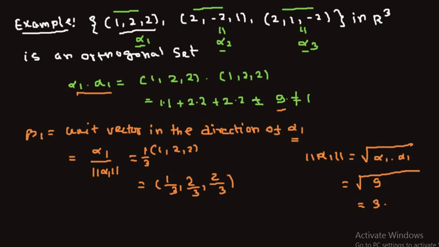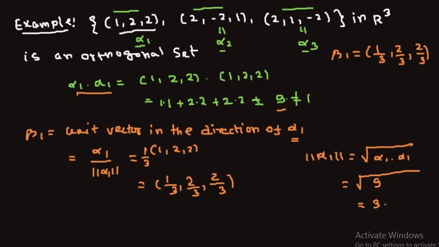So let's choose beta 1 in the direction of alpha 1. Here the unit vector is (1/3, 2/3, 2/3). This is the unit vector in the direction of alpha 1.